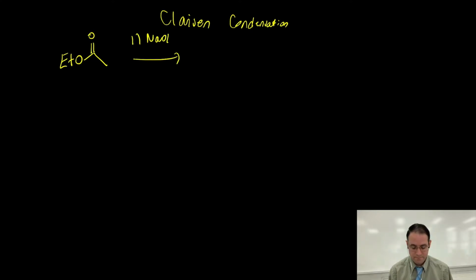So the Claisen condensation is a reaction where you take an ester and you treat this with sodium ethoxide, H3O plus, and you get this guy here, okay?